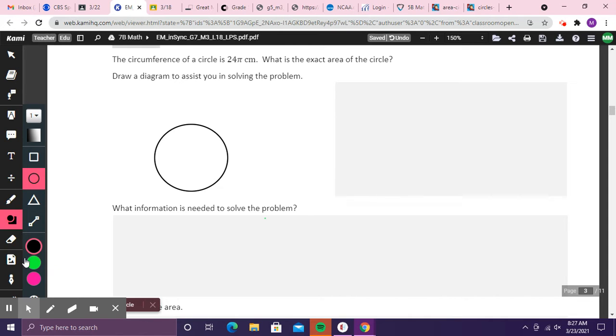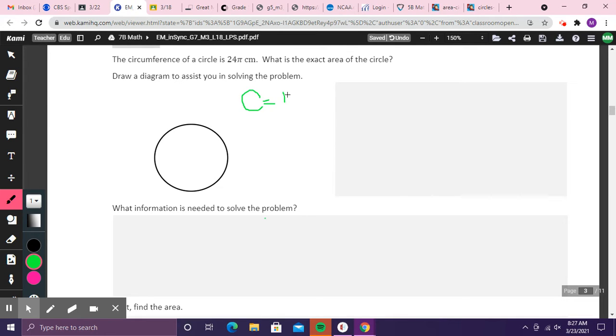And the circumference is what? Circumference equals pi times what? What's the formula there? Pi times the diameter, which equals 24 pi. So what?